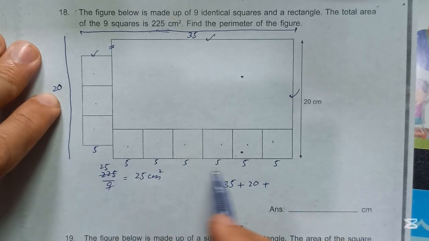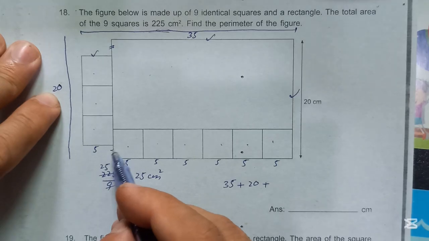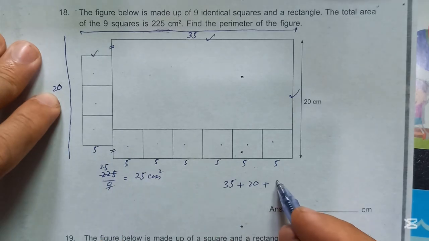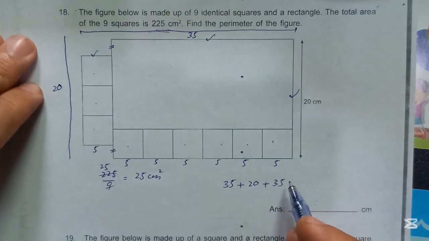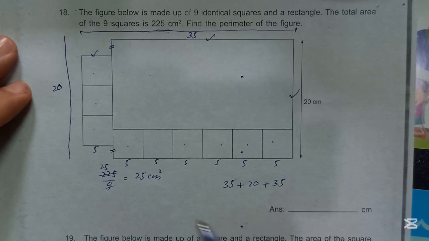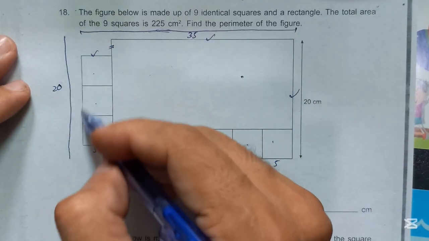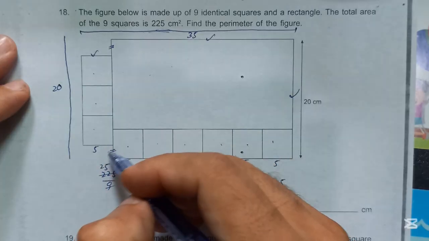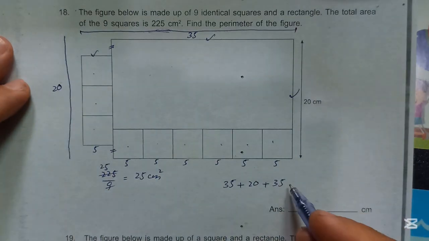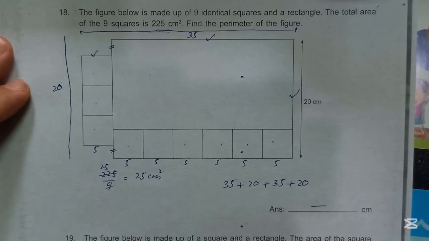This total length is 35. This will be left, and this total is 20, in which this portion plus this portion will make a total of 20. So done. Solve it on the calculator, you will get the answer.